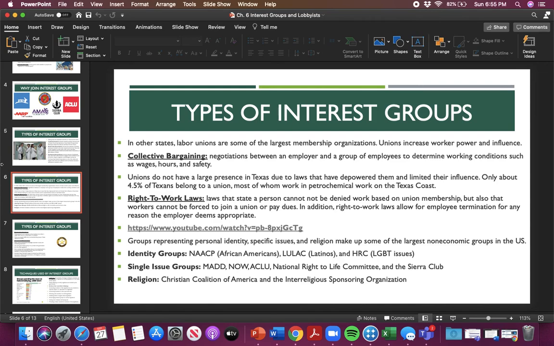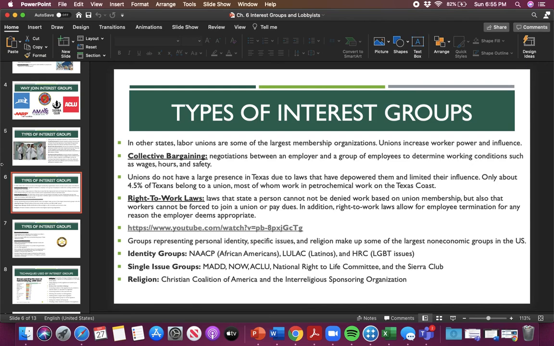Only about 4.5% of Texans belong to a union, most of whom work in petrochemical processing down on the coast, like around Houston, teachers' unions, and then, of course, airlines because they are more national than just centered in one state.